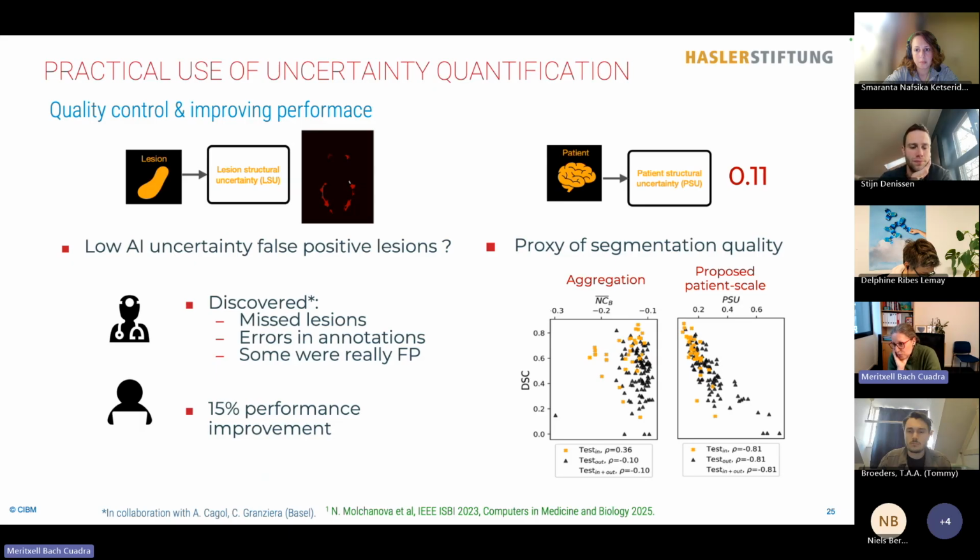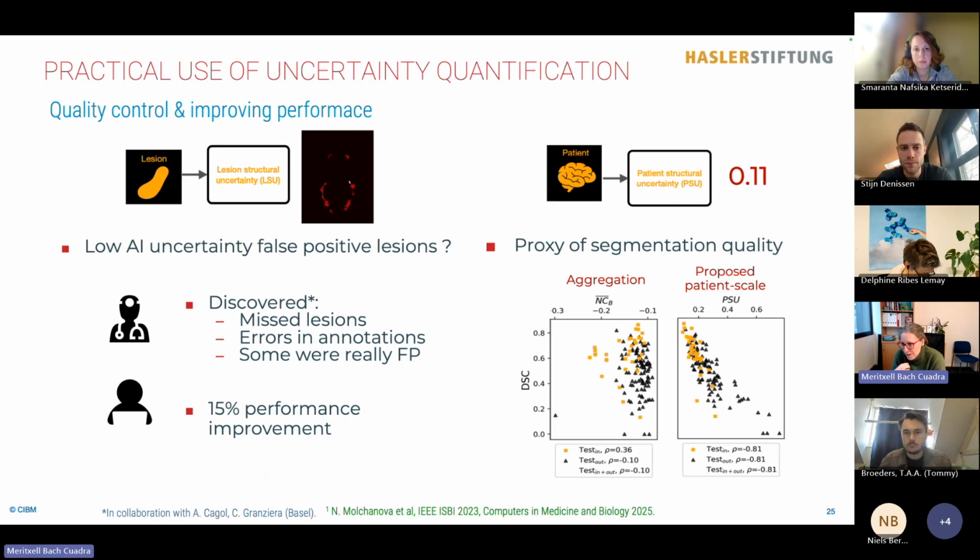So to compute the uncertainty, you don't need the ground truth. If you think now of a deployment setting where you deploy your algorithm and you don't have any ground truth, because you want the algorithm to explore the new incoming case, the uncertainty might actually correspond to the quality of the segmentation in the absence of ground truth.